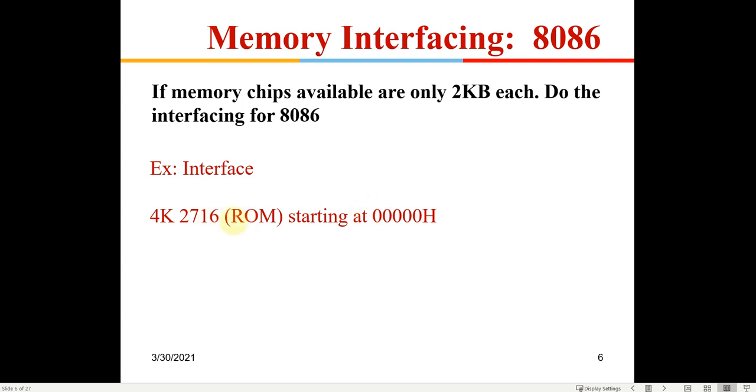Now suppose the problem statement requires 4K of ROM and 8K of SRAM. Again, 6116 is also an SRAM, with 2K bytes per chip and a width of 8 bits.